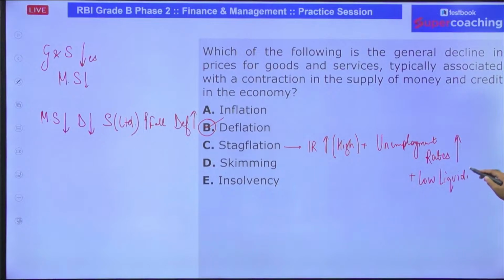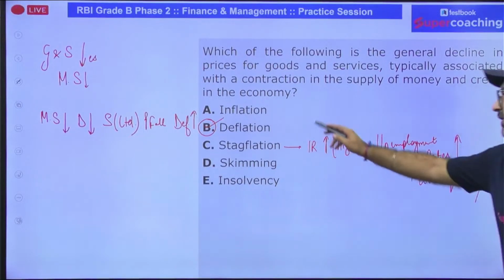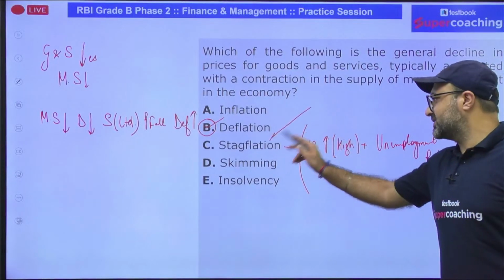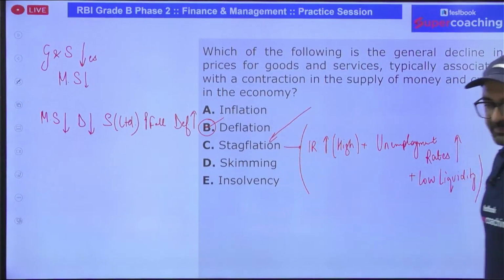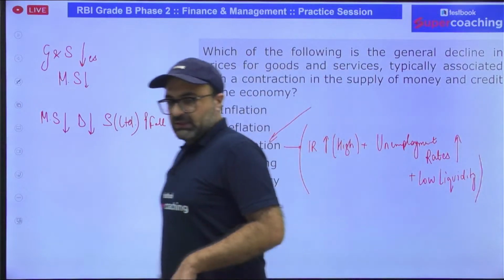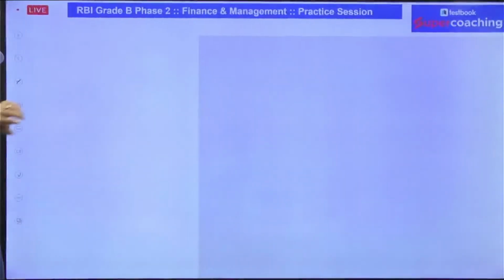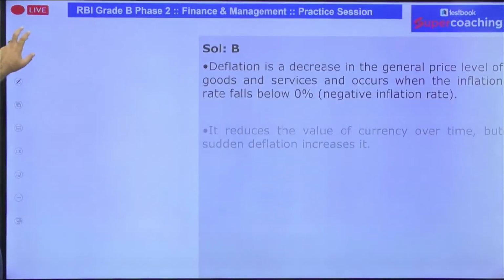So this kind of situation is termed as what? It is termed as stagflation, and the Phillips curve does not satisfy the stagflation part. Got it, guys? Clear? Crystal clear? Chalo, let's move on to the next point.